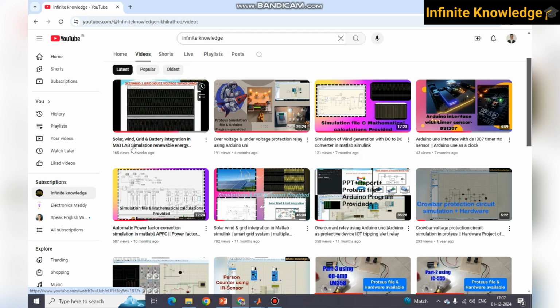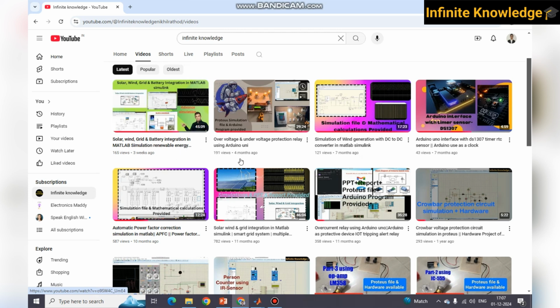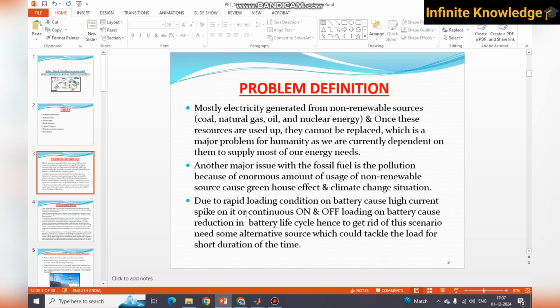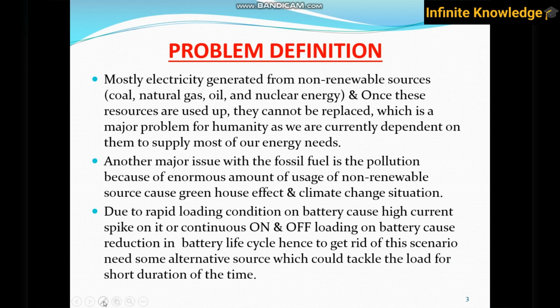The second video is the solar, wind, grid and battery integration, which is also very helpful. This project is now an upgraded model of those two models. Each and every model has its unique benefits and unique considerations, and we are going through each of them in this section by this PPT.